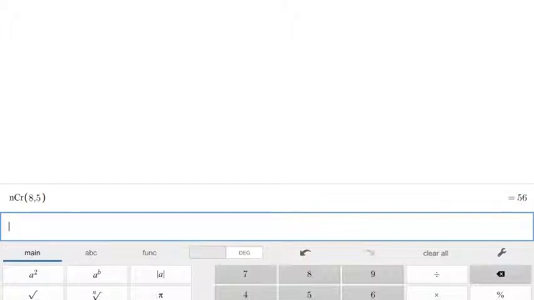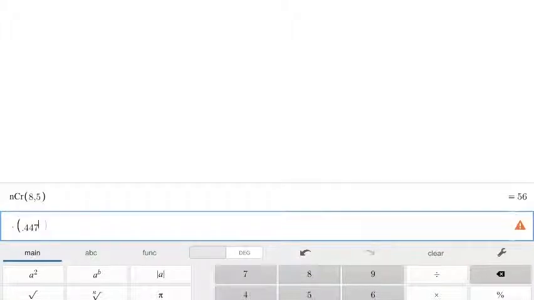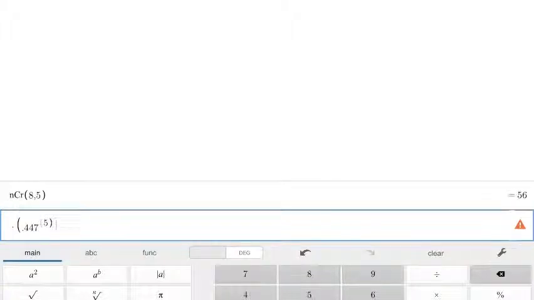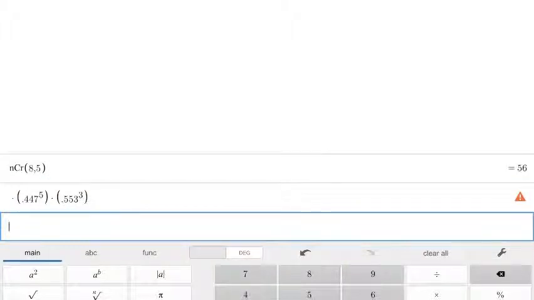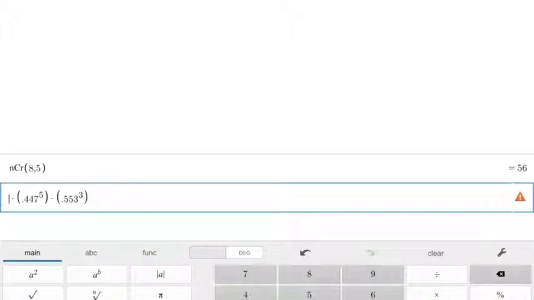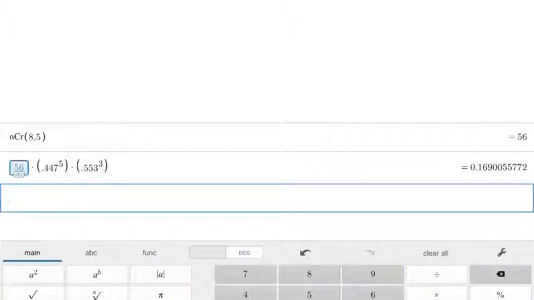There are 56 different combinations, and then that times 0.447 to the 5th, and then that times 0.553 to the 3rd, and you would get 0.169.